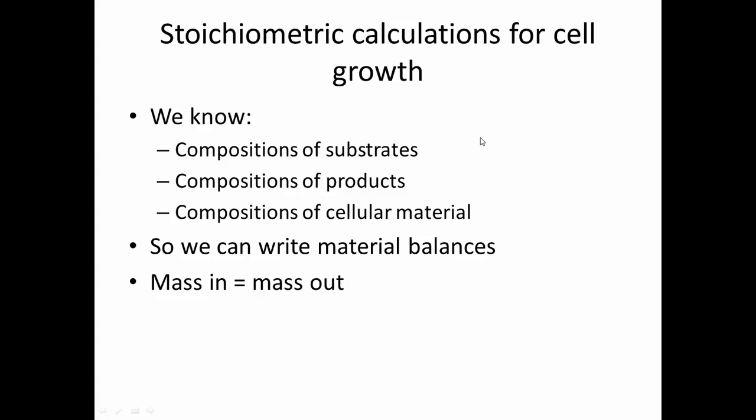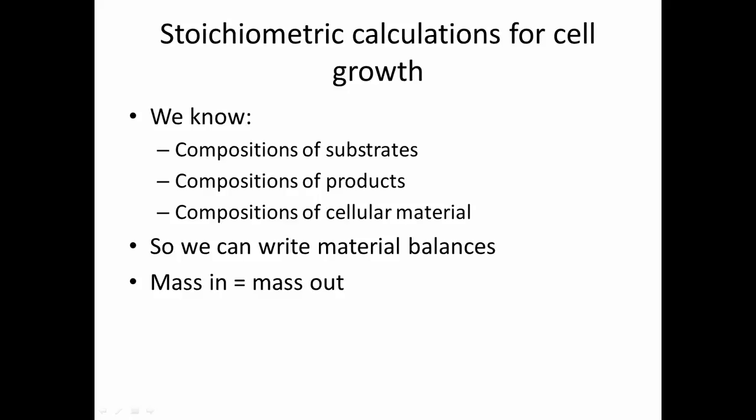So, this past week we talked about stoichiometric calculations for cell growth and how to use them to figure out our material balances. We typically know the compositions of our substrates, if we're growing cells on glucose.